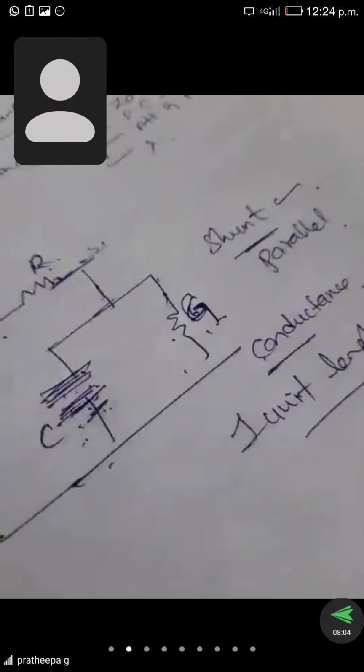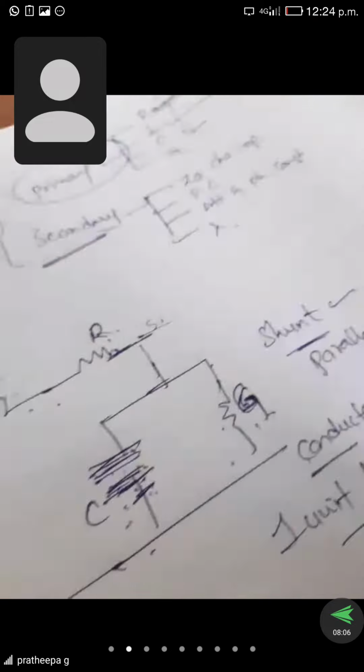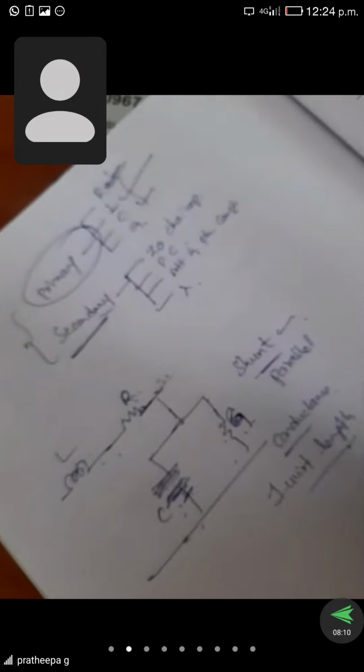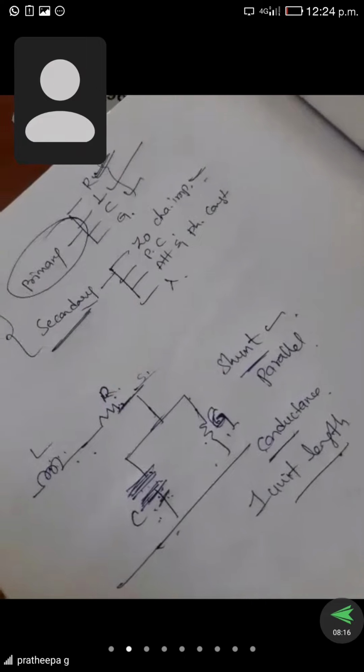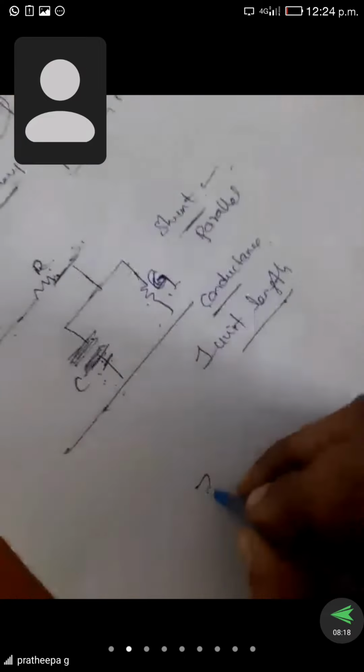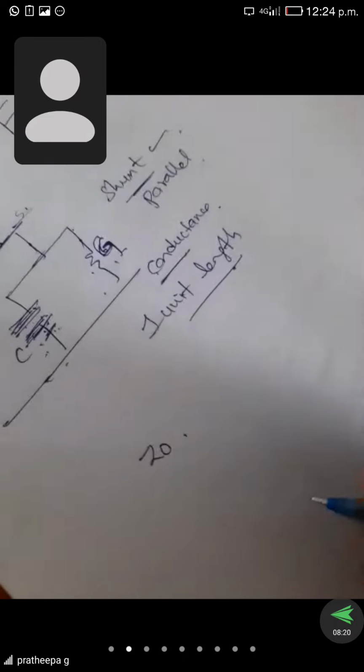Okay, and next one is the secondary constants. What is the first one? Characteristic impedance, which is represented with Z0.